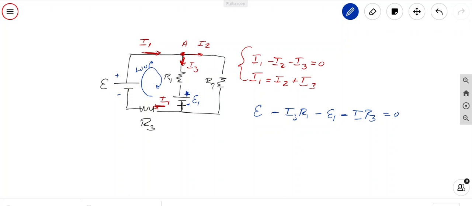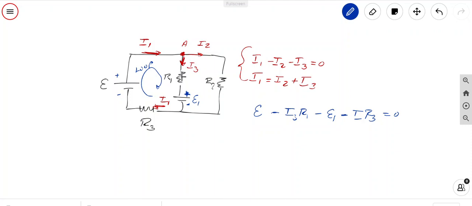We have this other battery with an electromotive force, or electric potential, E1, and we have this other resistor, R3.